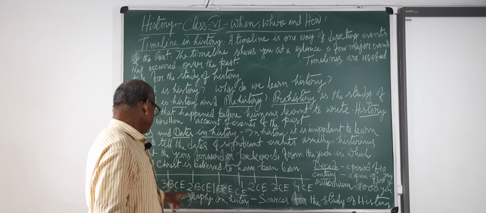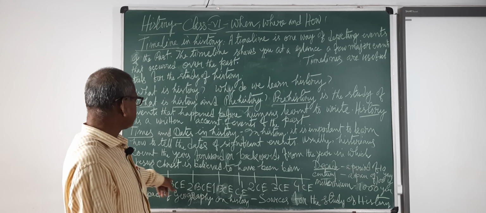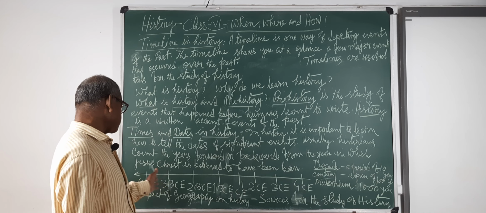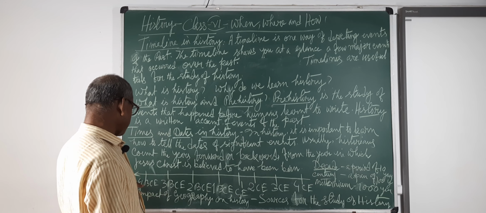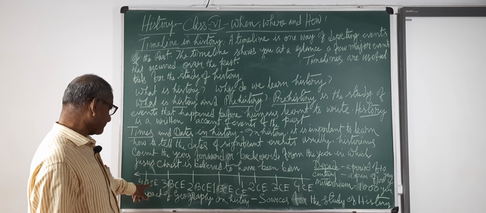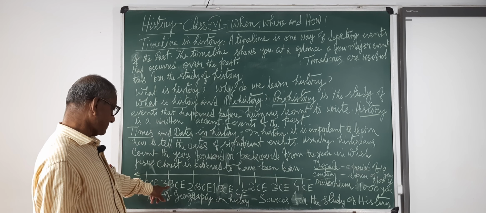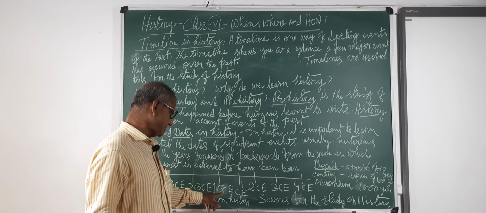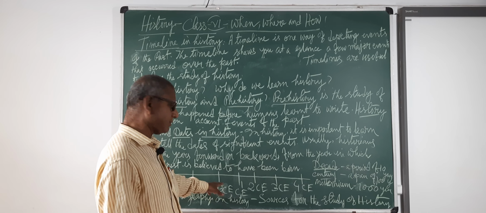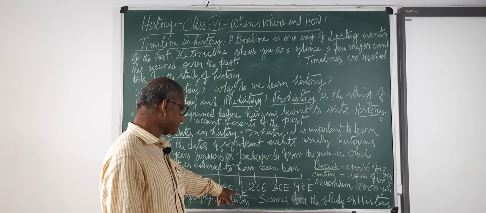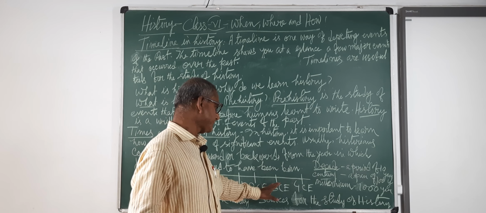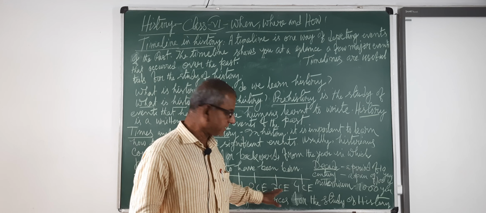I have shown you in the form of a timeline that before the birth of Christ the years were counted backward, and after the birth of Jesus Christ they are counted forward. We know that 4 BC is followed by 3 BC, then 2 BC, 1 BC. Then from the birth of Jesus Christ we count forward, 1 CE, Common Era, 2 CE, 3 CE, 4 CE, in chronological order.